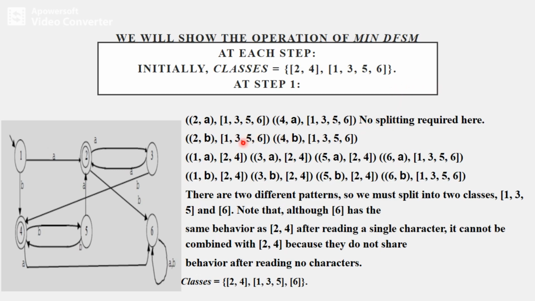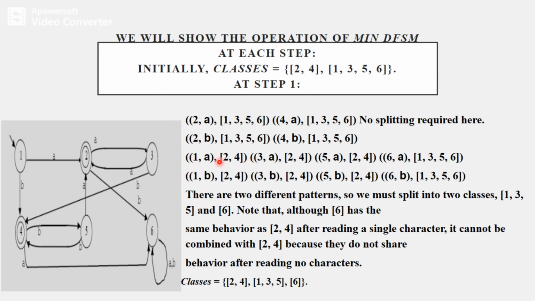Before moving further, here 2 and 4 behave in the same way. 2 on a goes to the same class, and 2 on b also goes to the same class. There is no change on either input character. So no splitting is required in the case of 2, 4.